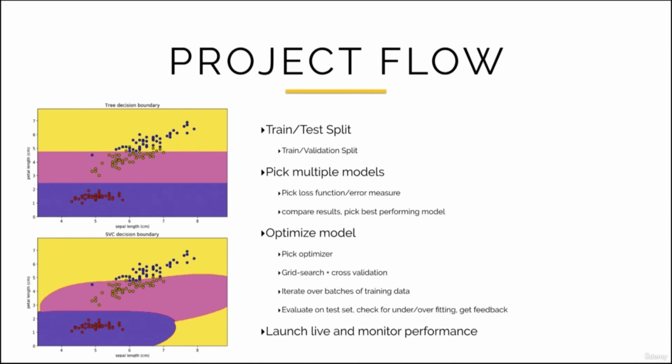Of course, you want to pick multiple models at first, and you want to pick a loss function or an error measure that you think is good, and then you're going to want to train these different models, and you're going to want to compare them, pick some of the winners, optimize those. At this point, you're also going to need to pick good optimizers to make sure that your models learn as fast as possible. You're going to want to do grid search with cross-validation and just iterate over batches of training data.